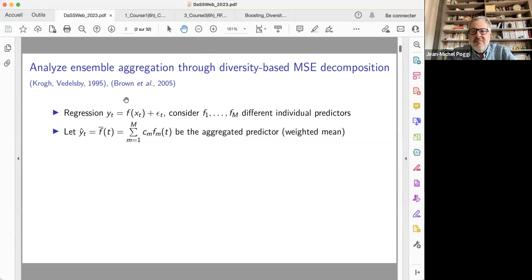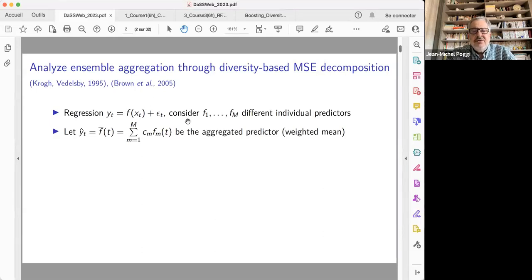I hope that you see slide number 2 now. So you have y of t, where t denotes the time. It is a function f, which is quite arbitrary, nonlinear, whatever you want, of a covariate x_t, which could be some lagged value of y, plus some deviation.